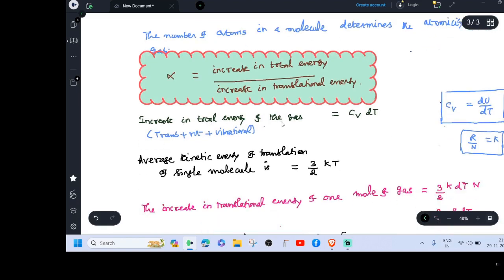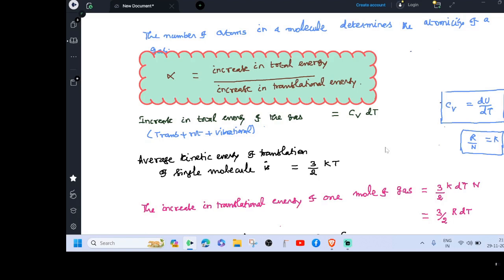The increase in total energy of the gas is given by the formula Cv into dT. Here Cv is the specific heat capacity at constant volume. You know that Cv equals dU by dT. So dU equals Cv into dT.